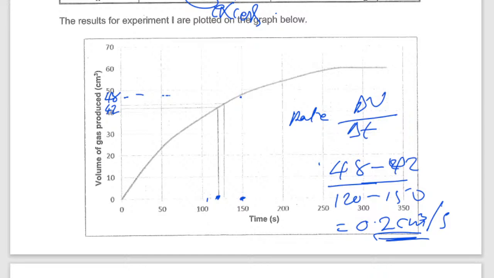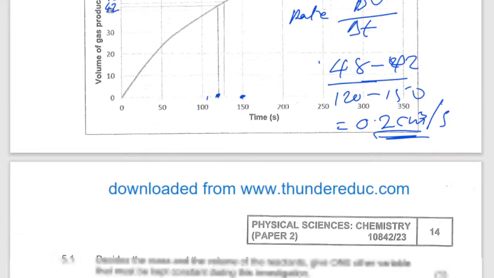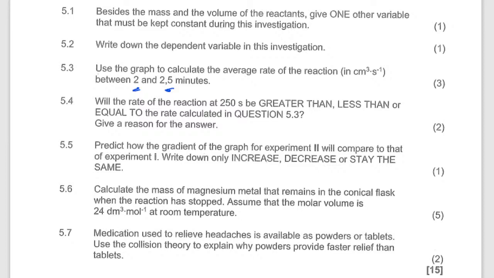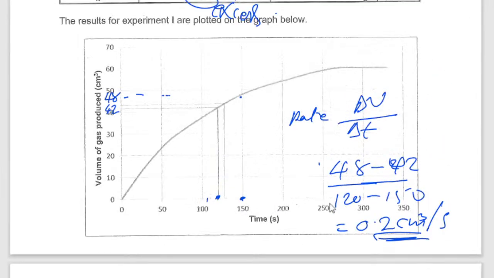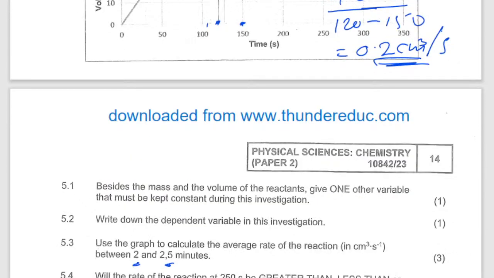Then we go to the next question. They're saying, will the rate of reaction at 250 be greater than, equal to, or less than at 150? If you look at the graph at 250, it is approaching constant, or completion.